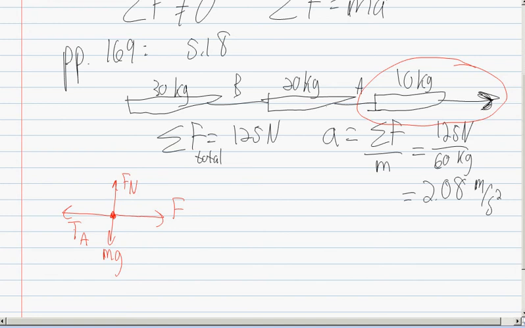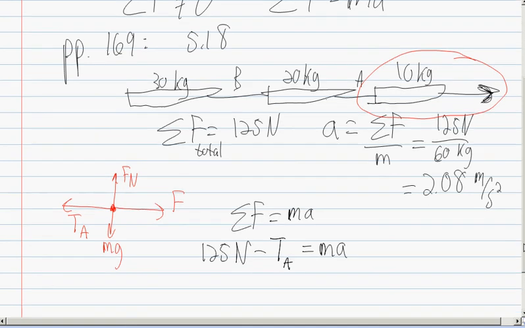So in this case, we know that our net force equals MA. So I'm going to have 125 newtons minus the tension of that equals MA.